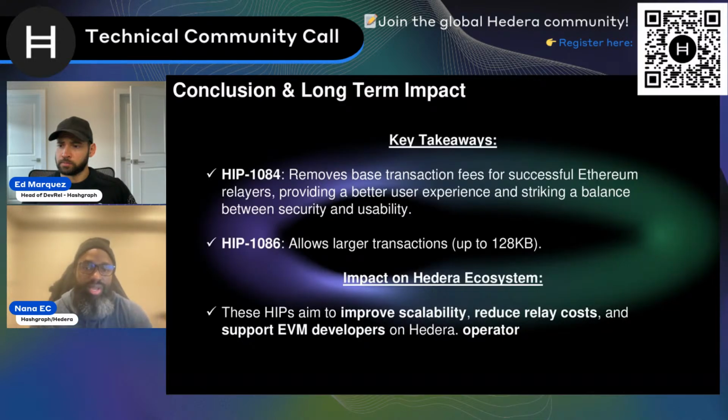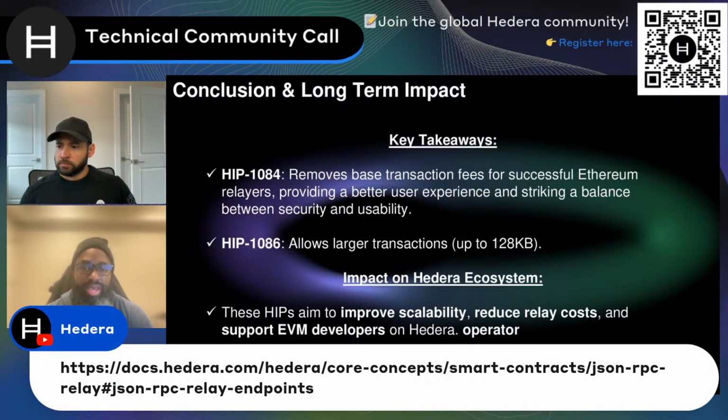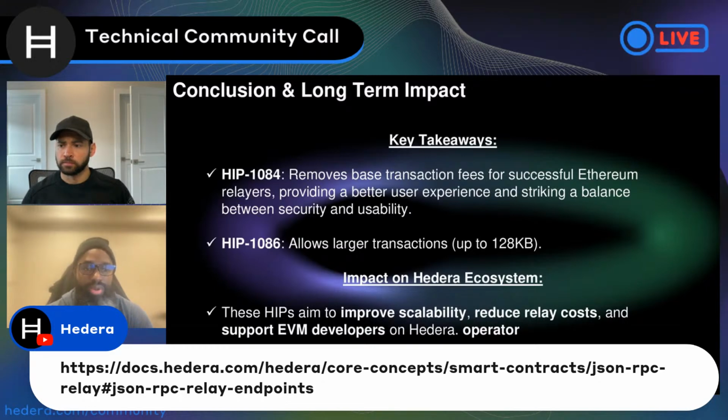And so in summary, really trying to resolve the challenges that a relay operator faces. With 1084, we remove the cost of a transaction so far as it's well formed. We put the onus on the relay operator to ensure that it's doing pre-checks, which are well defined in the industry, and the EOA pays for the transaction in the form of gas, as would be expected.